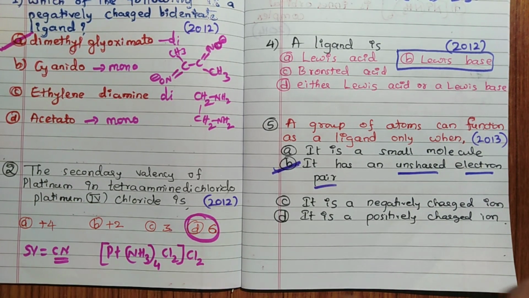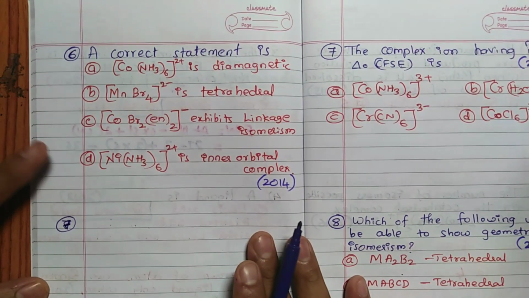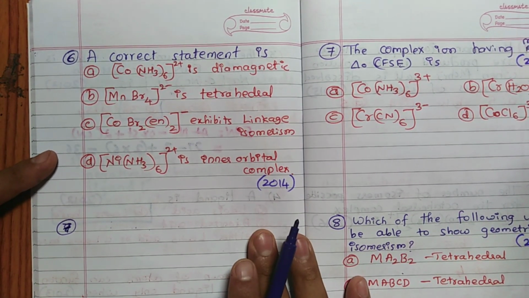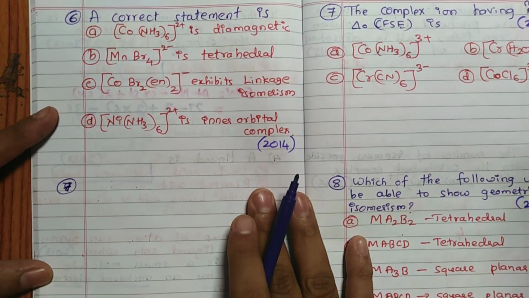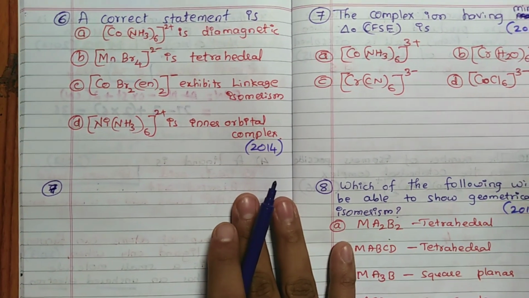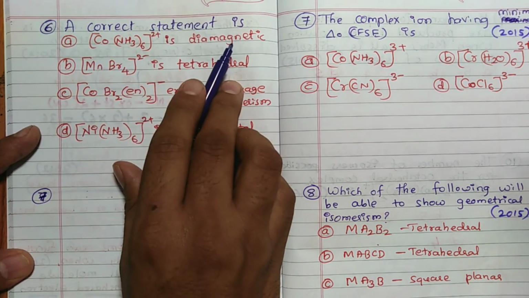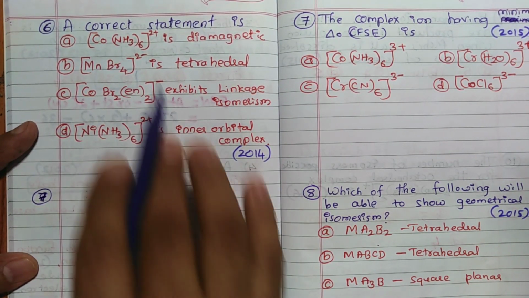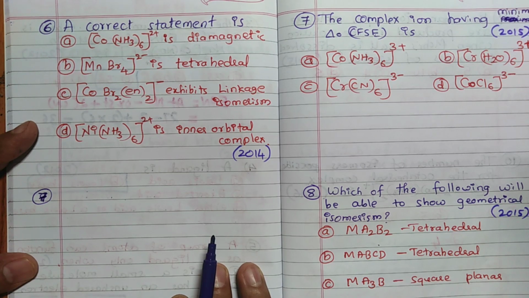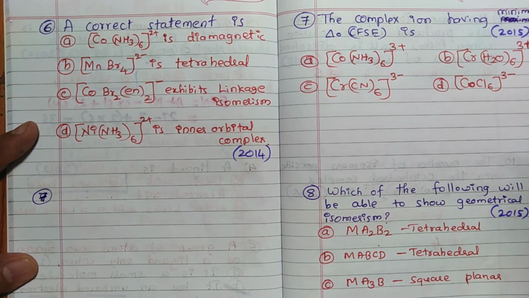That was the 2013 question. Then you will see 2014. The correct statement is, remember this. In this particular case, they have given [Co(NH3)6]2+ is diamagnetic. Once you see this, definitely we will tell that yes, it is correct. But remember, here Co is in 2 plus oxidation state.